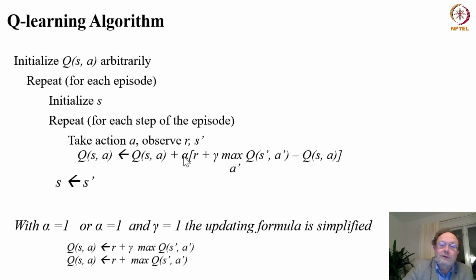If you have a lower value than 1, you can damp the effect of the changes from step to step. These are just normal hyperparameters that all learning algorithms have. As you can see, with alpha 1 or gamma also 1, the formula gets simpler.